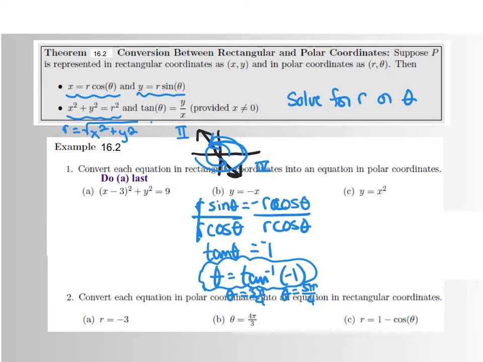Okay, let's try another one. So let's do C. y equals x squared. So we've got r sine theta equals r cosine theta squared. Let's distribute the square.